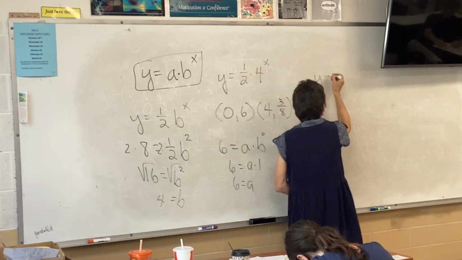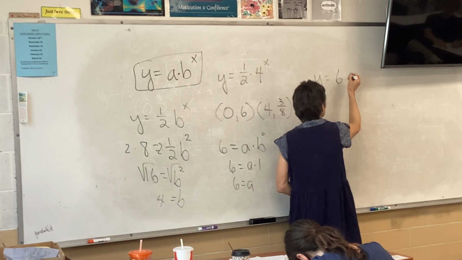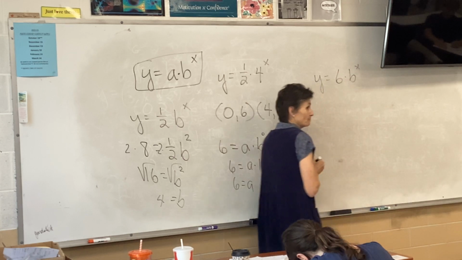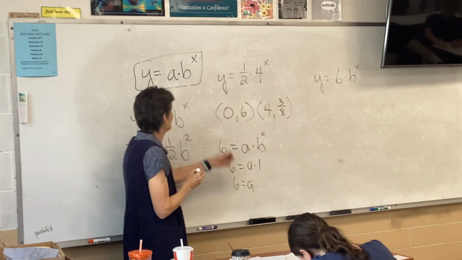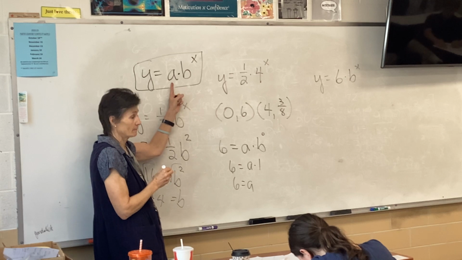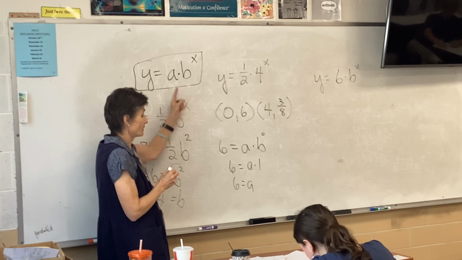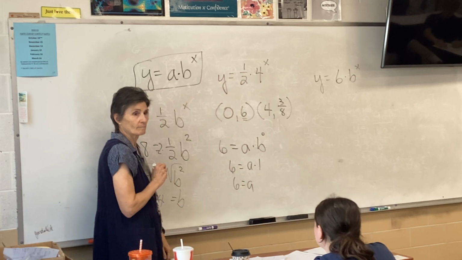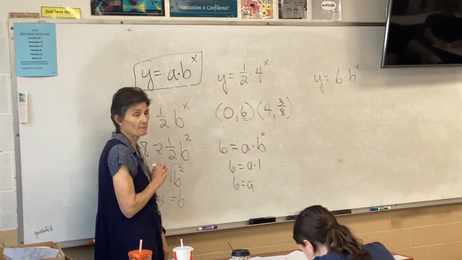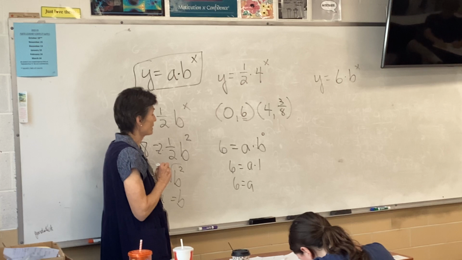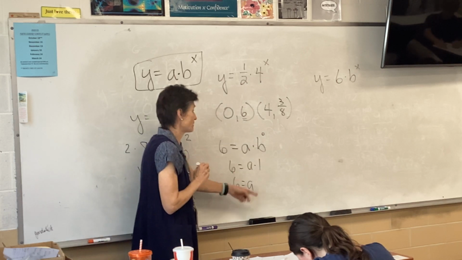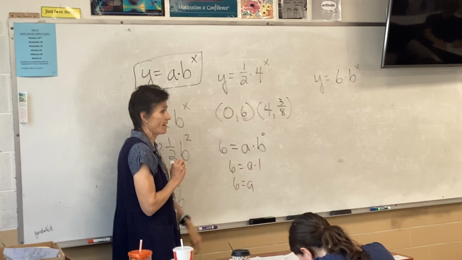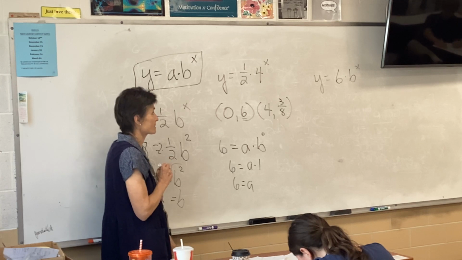So we have Y equals 6 times B to the X, because we figured out A was 6. Have you noticed that A always just turns out to be that number? Yeah, that always happens, always. So you don't have to go through this if you can remember that. You can go straight to that. You know A is going to be 6.